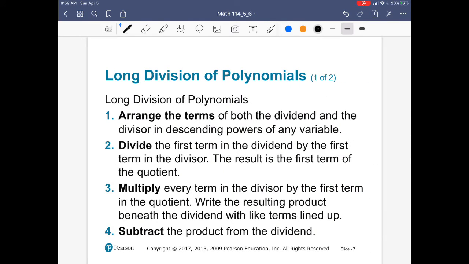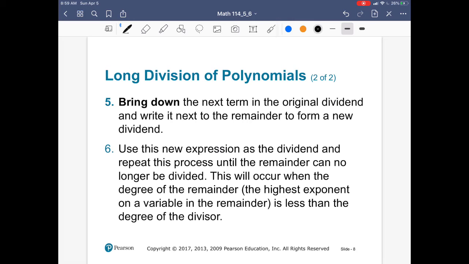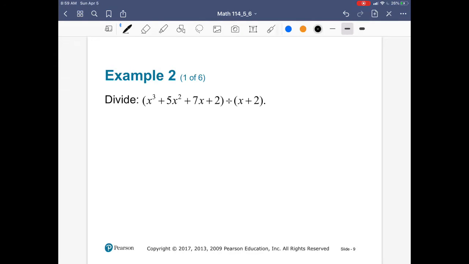So arrange the terms, divide, multiply, and subtract. So I'll give you a minute so you can read that. Then bring down, use this next expression, the dividend, and repeat the process. So we have this. So this will become x plus 2, x cubed plus 5x squared plus 7x plus 2.